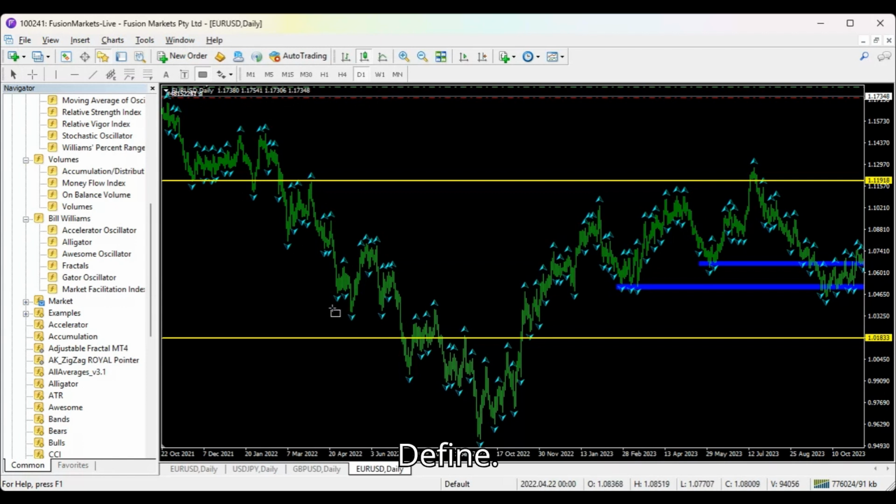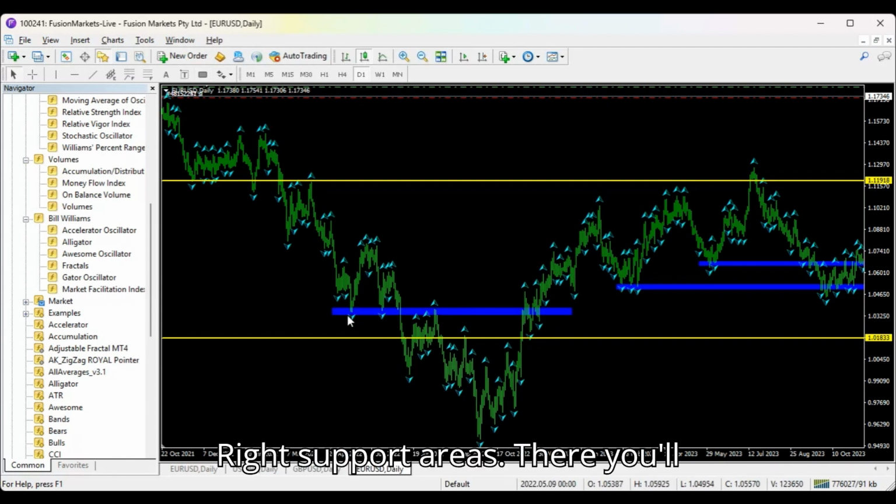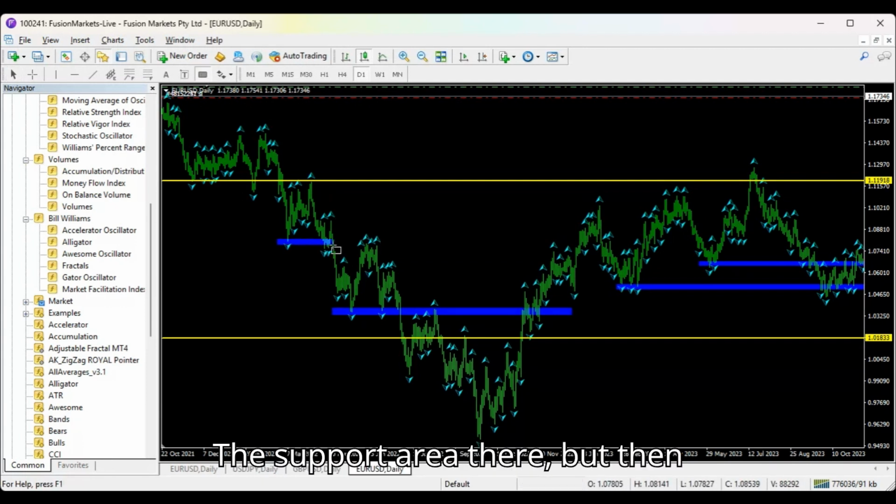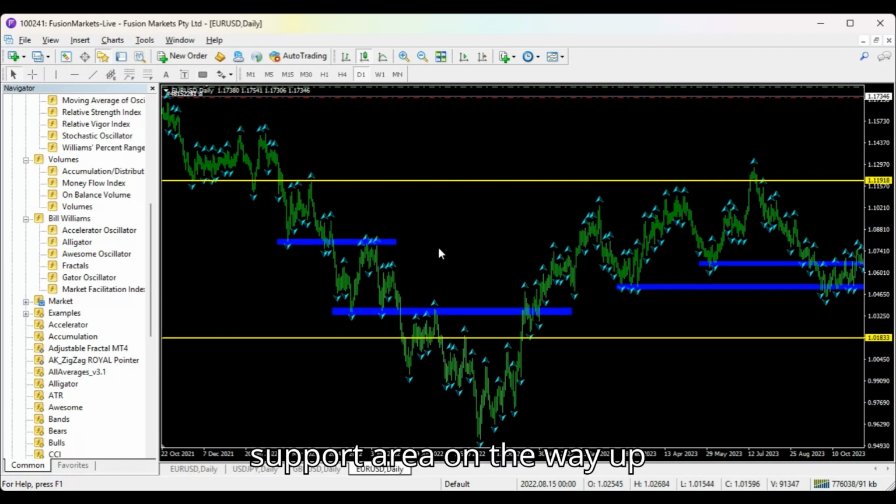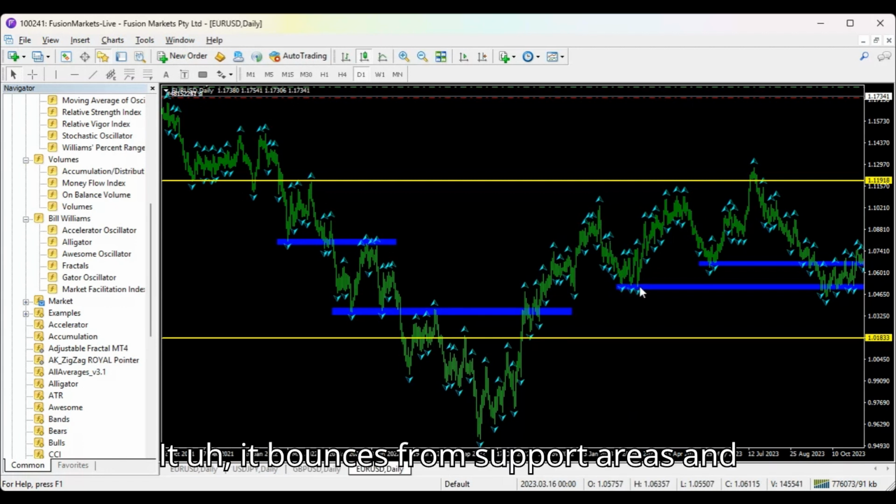You find support areas there, you'll find a support area there, but then a support area on the way up becomes a resistance area. So what's crucial to know is that when prices come back down, they bounce from support areas, and vice versa.